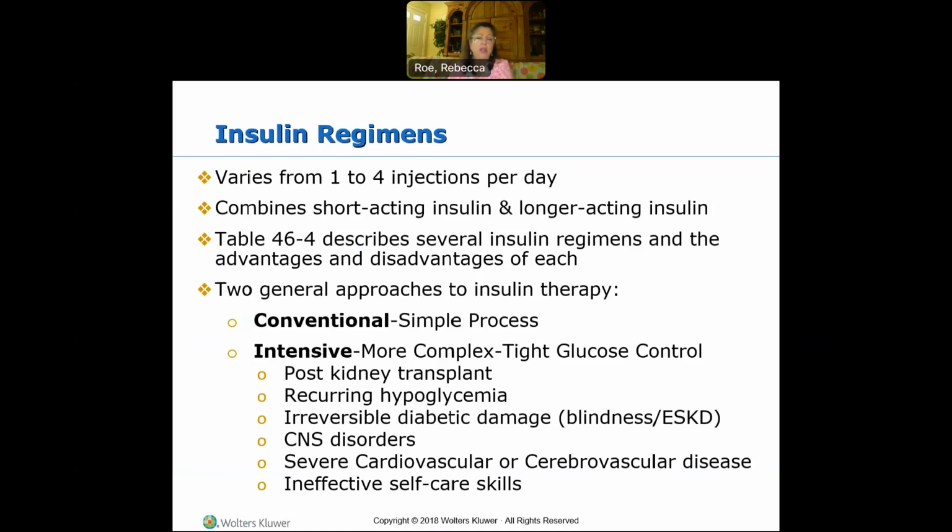And so the difficulties there require a very tight control over their glucose. So that monitoring has to be very, very strict and stringent. And then if they have ineffective self-care skills altogether, you have to monitor them very carefully.